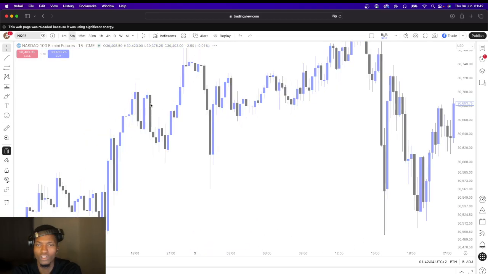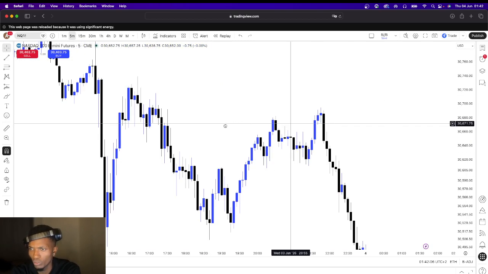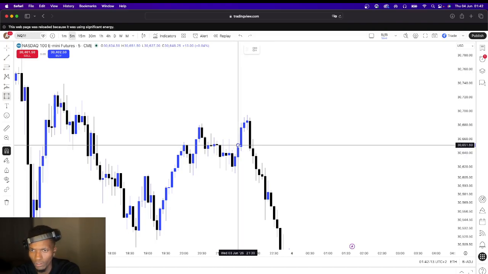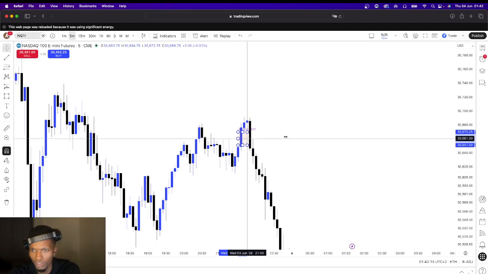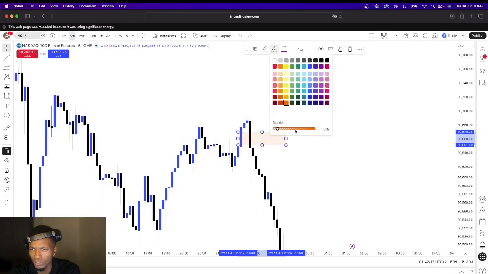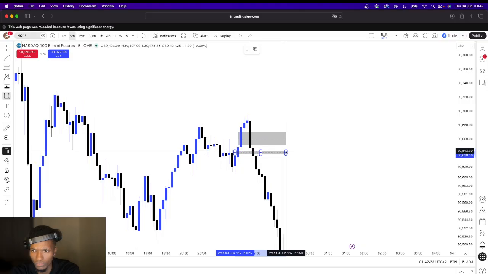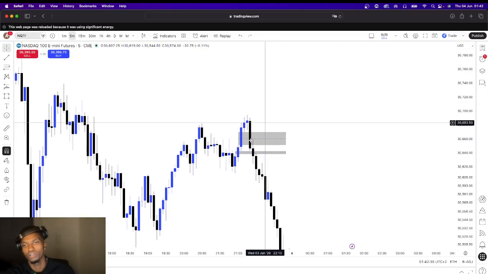Okay, let's use this one. This will be our first one. So we have a fair value gap up here, and then we have another fair value gap. Unfortunately, in this case, we have two down here, right? And what happened? Price came down.